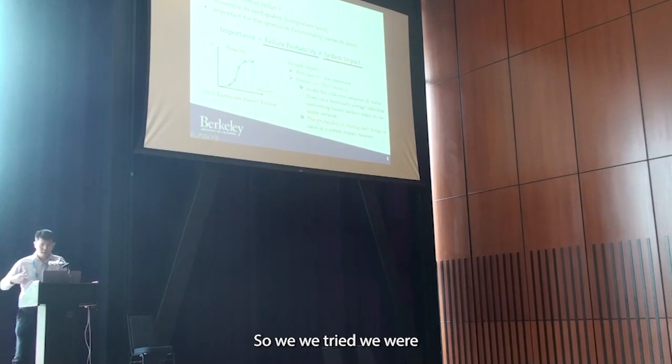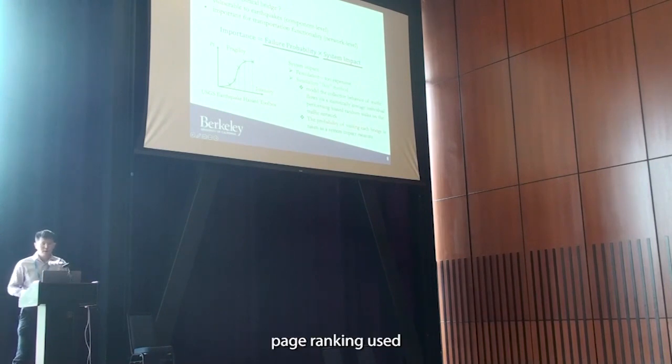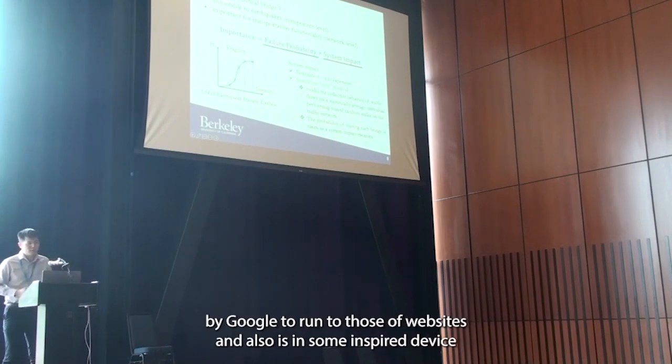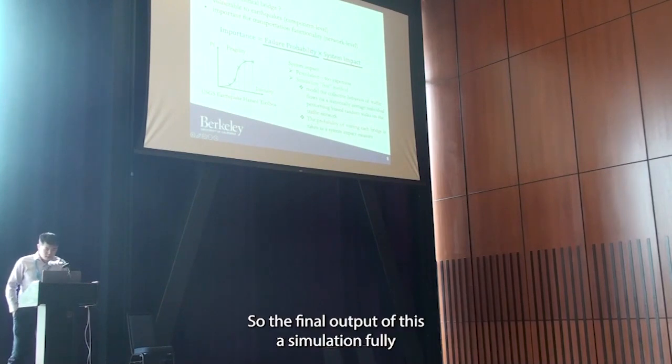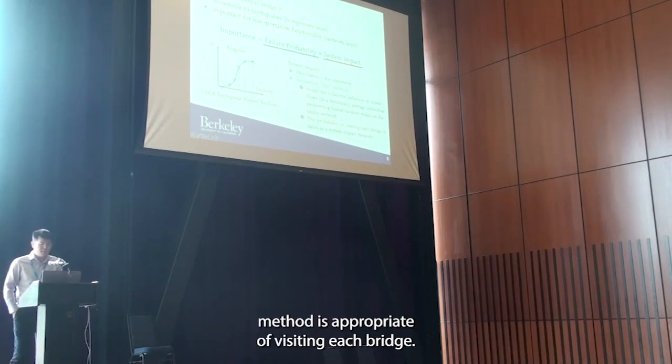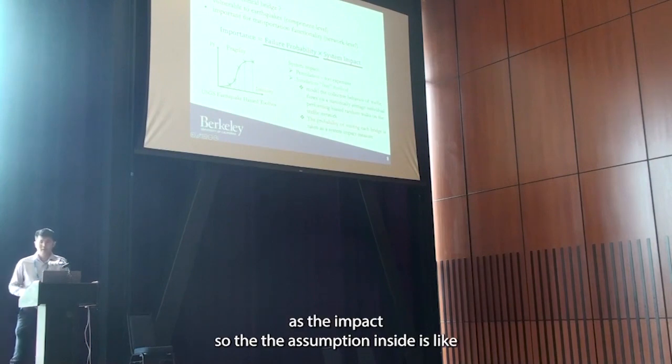It is inspired by the page ranking used by Google to rank websites, and also by some statistical physics approaches of constructing mean field approximations. The final output of this simulation-free method is the probability of visiting each bridge. The assumption is that we use the visiting probability as the system impact.